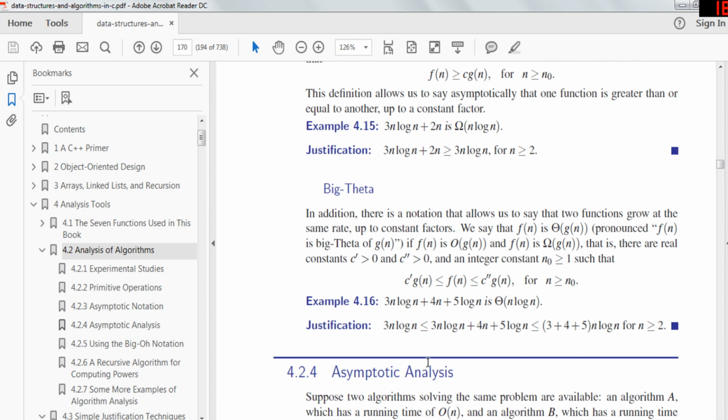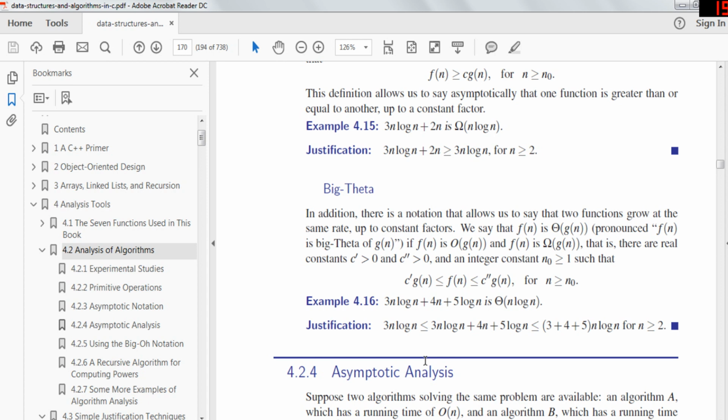In addition, there's a notation that allows us to say that two functions grow at the same rate up to constant values. We say that f(n) is big theta of g(n) if f(n) is O of g(n) and f(n) is big omega of g(n).